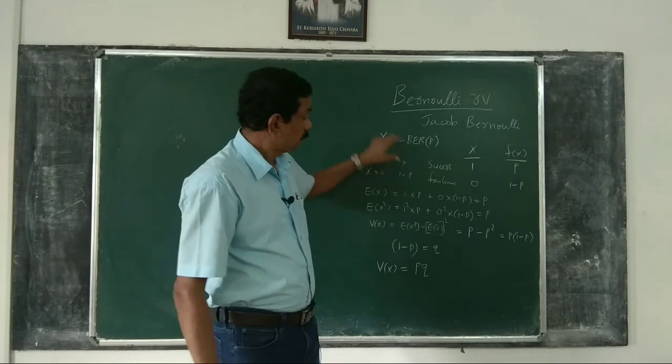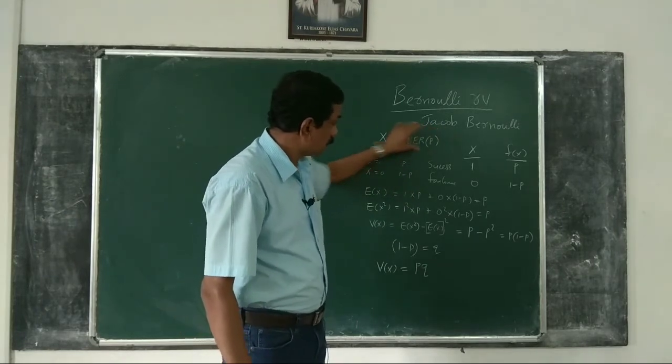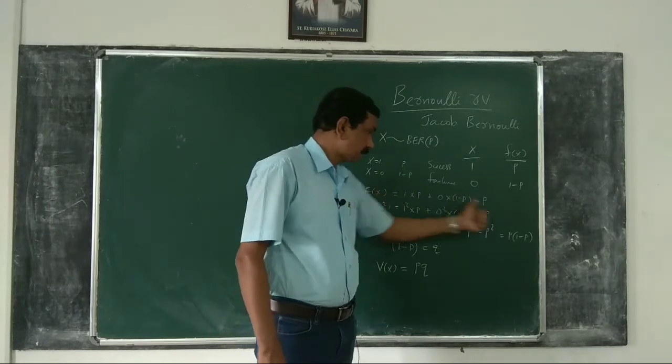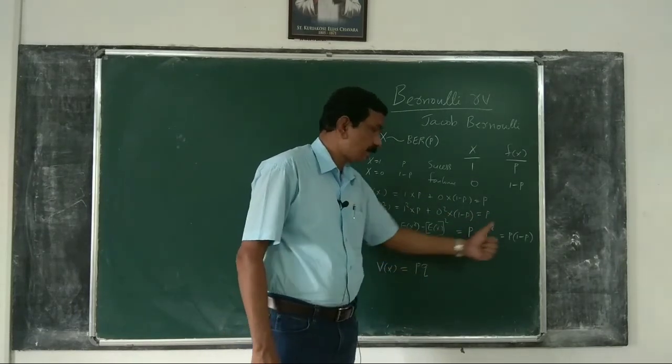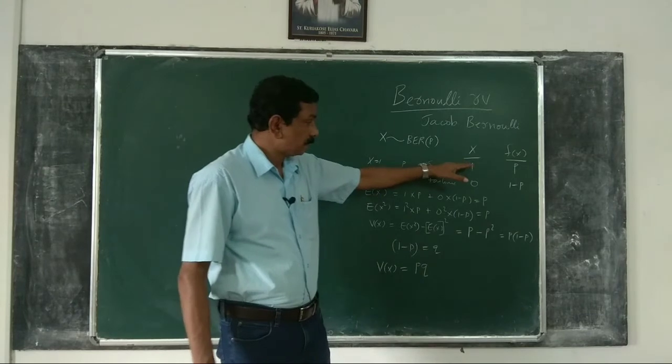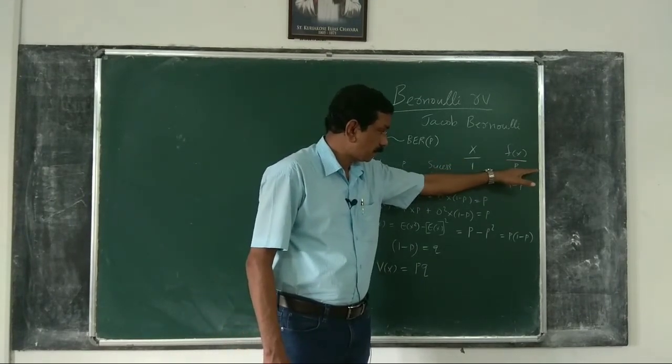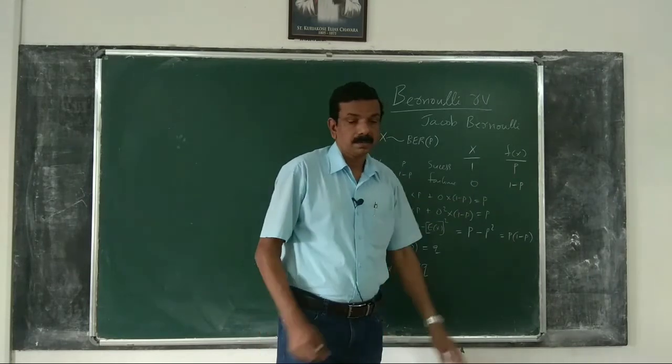So we denote a Bernoulli random variable using this notation. Expected x is p, variance is p q. So it has two outcomes, 1 and 0, with the probability of success p, failure 1 minus p.